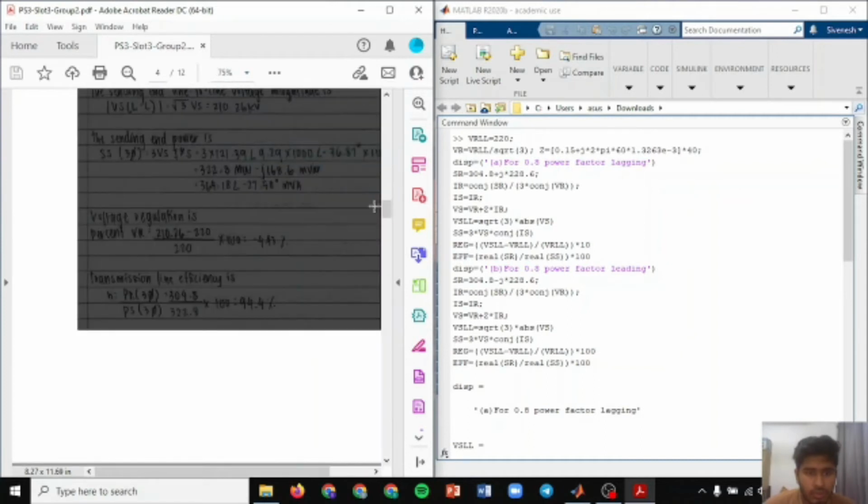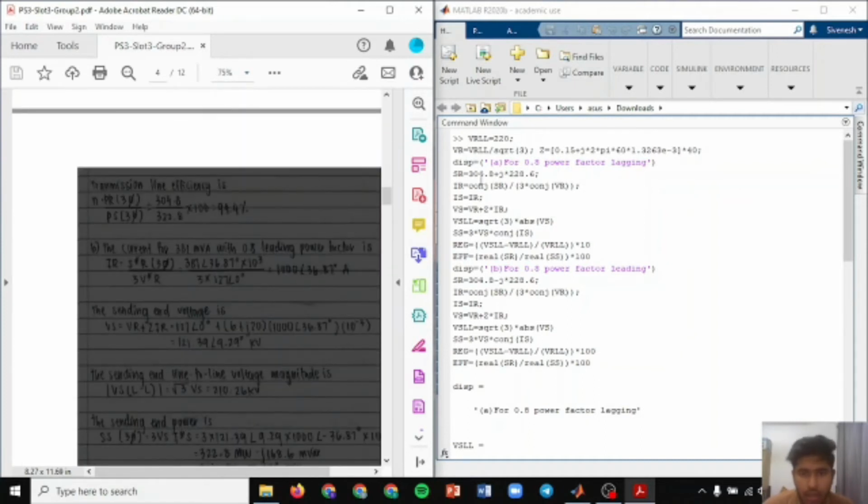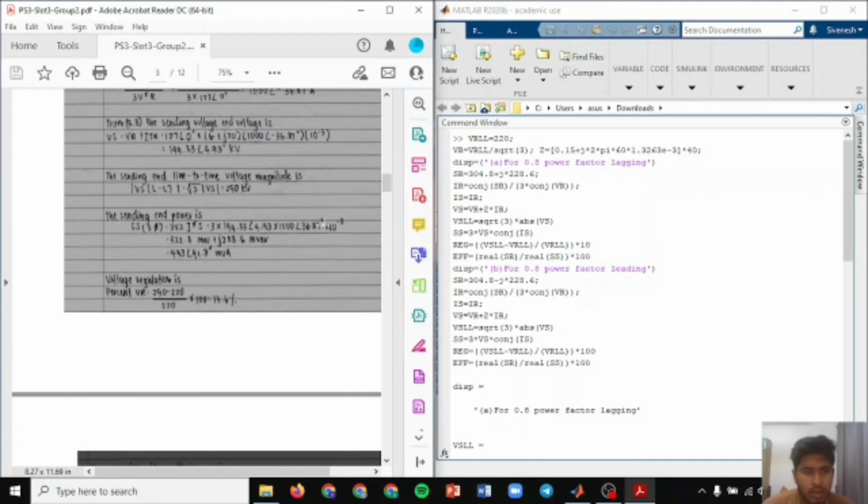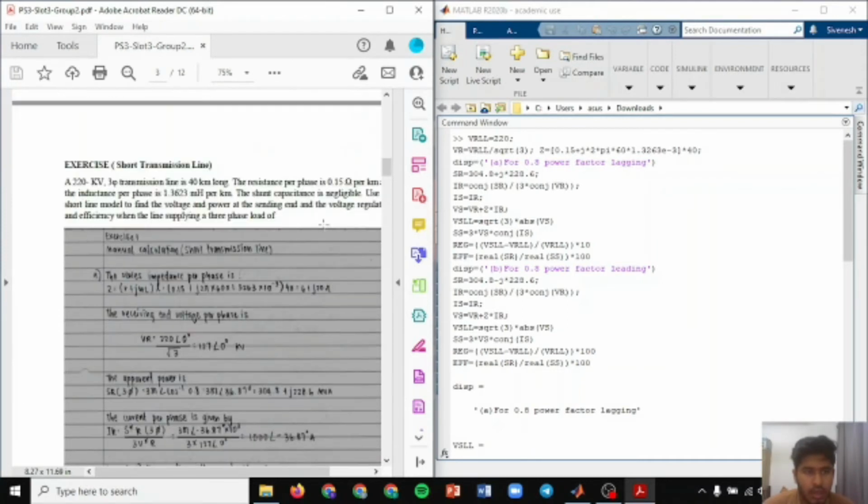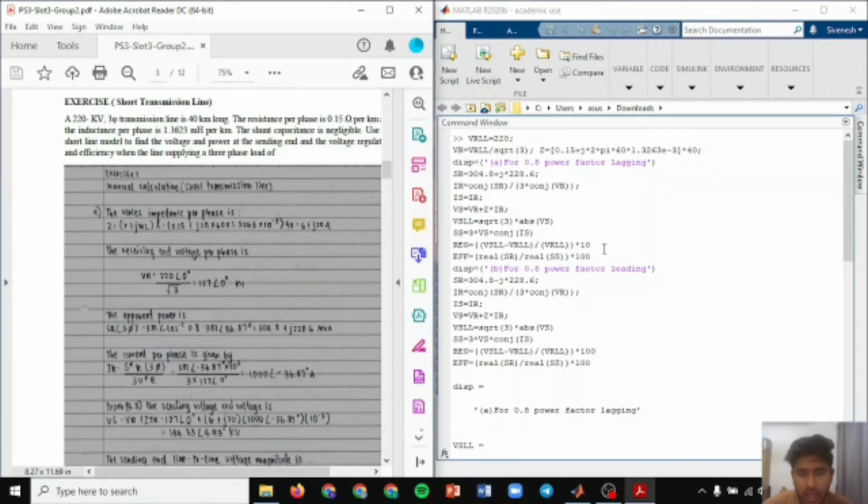Here we have the coding of exercise 1, which is the short transmission line. We obtained the coding from our lab sheet.